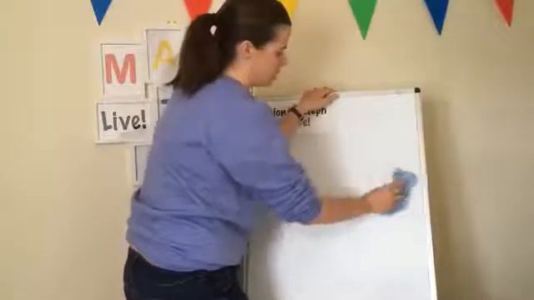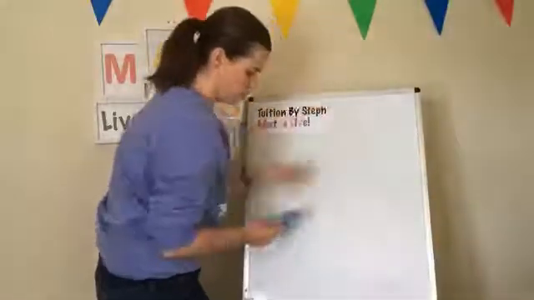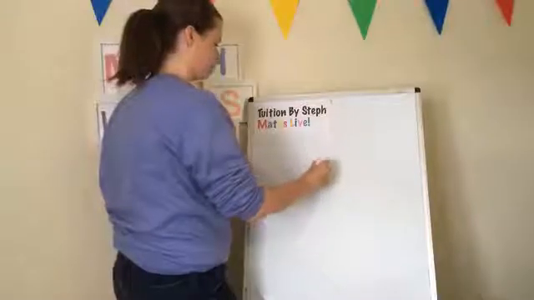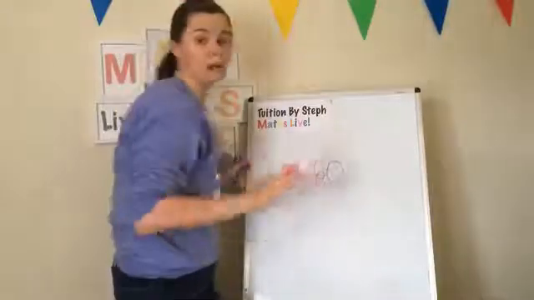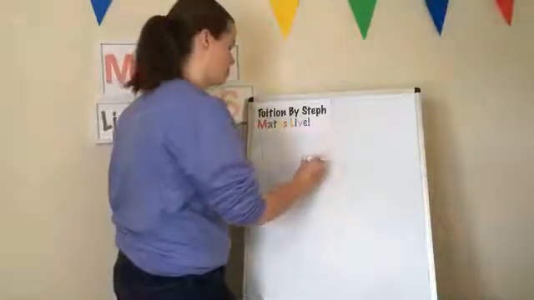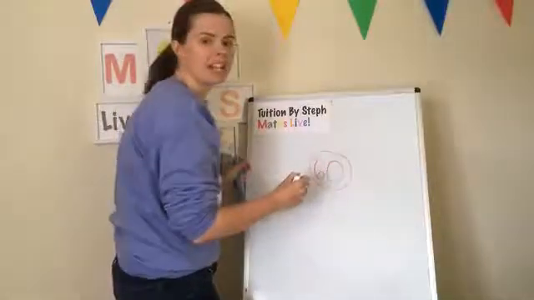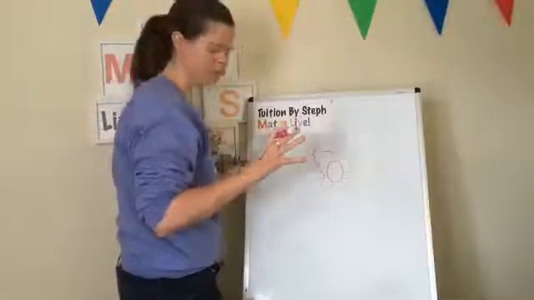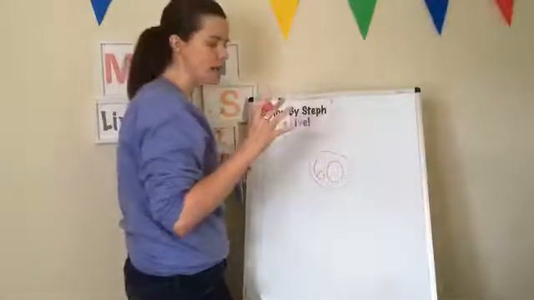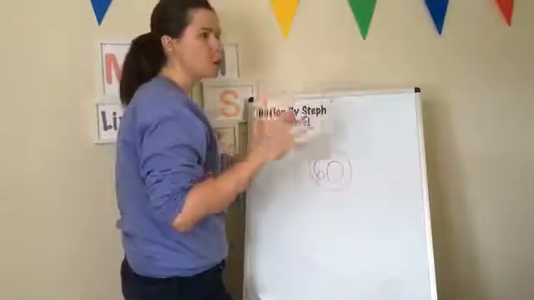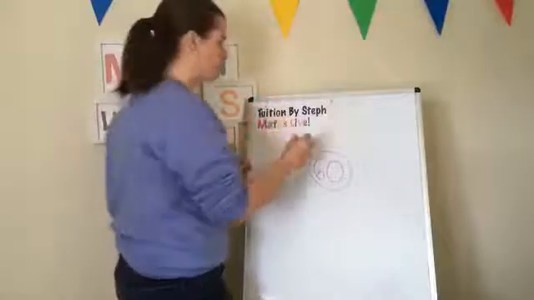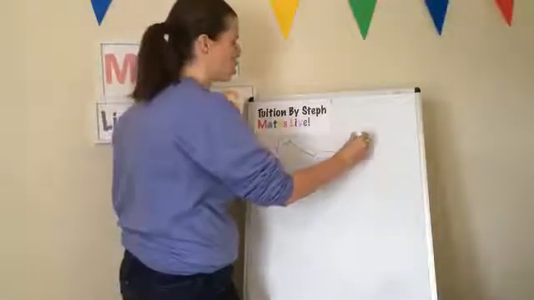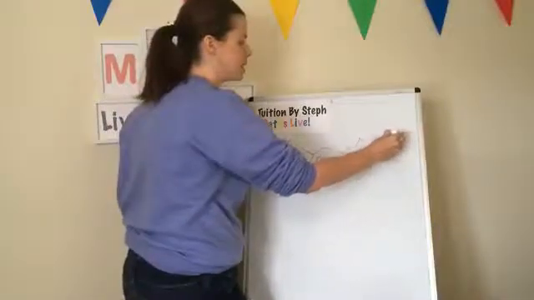So, factors of 60. The best way to remember factors is to do what is called the factor spider. I put my number in the middle, and then make the body of the spider, and then I make the legs in pairs for the factors. I do that so I don't forget one of the numbers. We always start with 1 and 60, because 1 times 60 is 60.